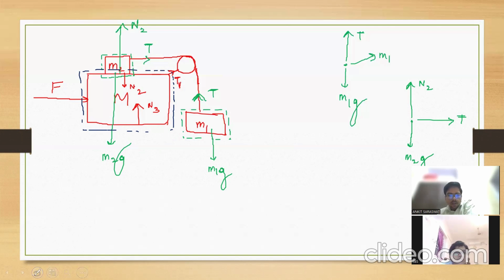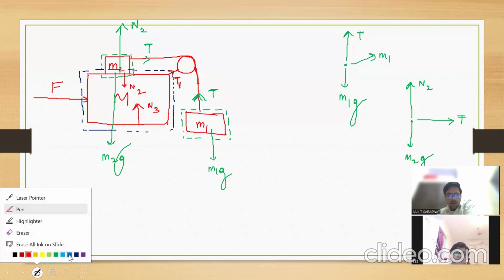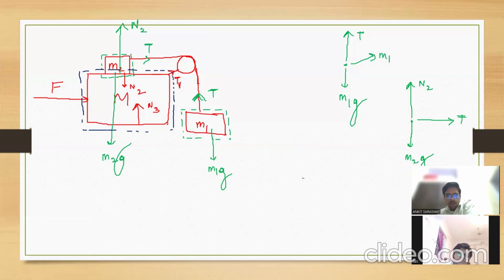How will you draw? Like this. One is gravity also, here M into g. And one is like N3, N2, and one is like this tension.